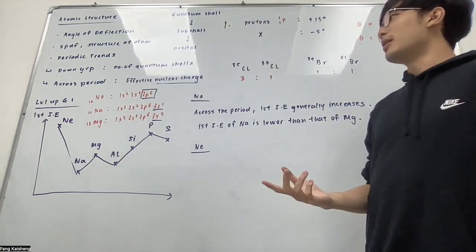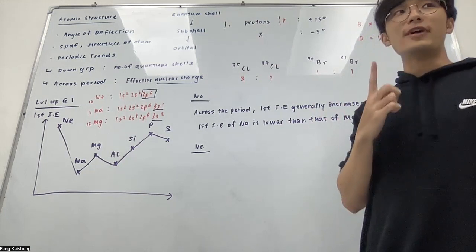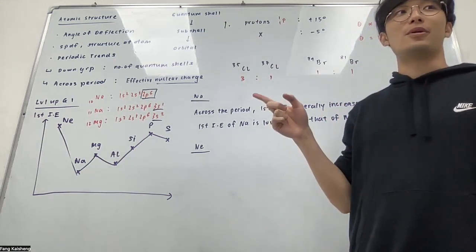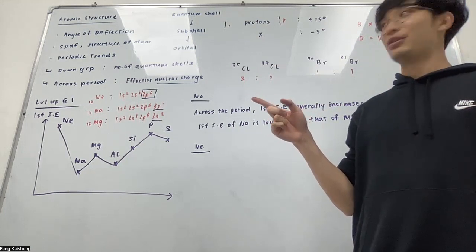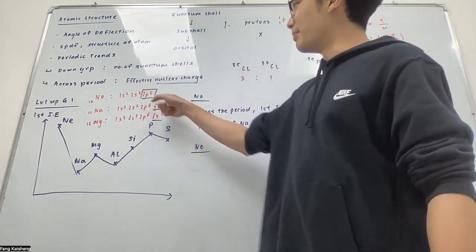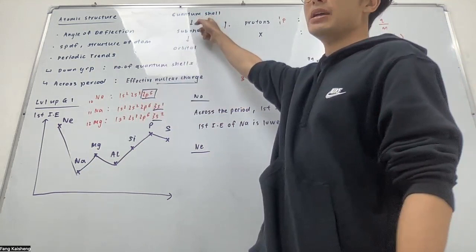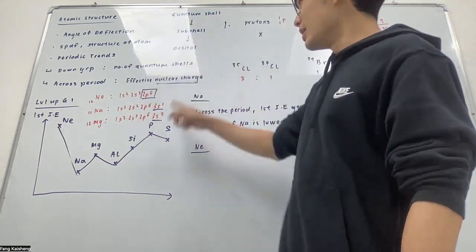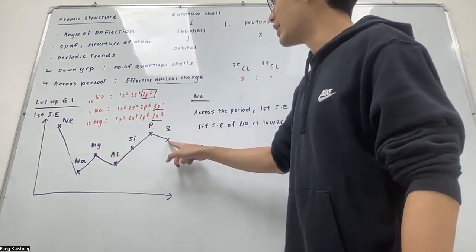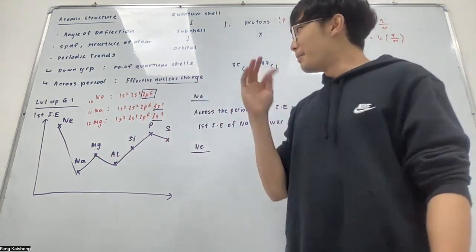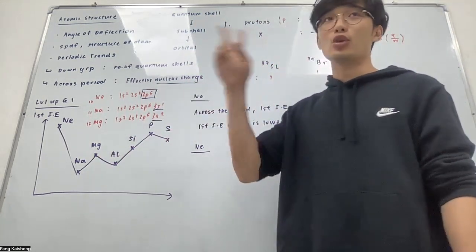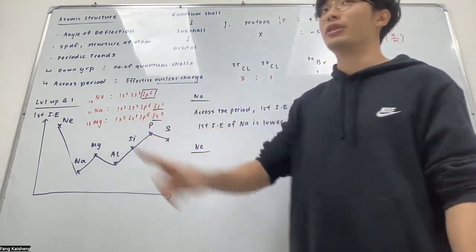Yes, correct. But you notice we are removing the electron for neon from the inner quantum shell. If you're looking at the number here, the number represents the biggest thing, the quantum shell. Period 3 means you're removing the electrons from the third quantum shell. But for neon, because you're in period 2, you're removing it from the inner quantum shell.